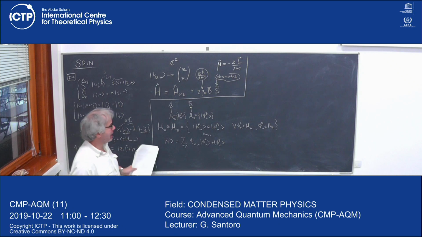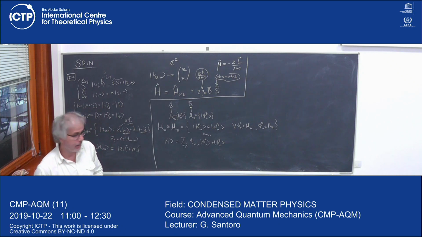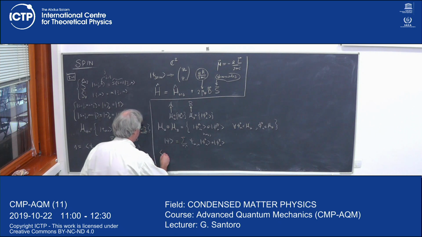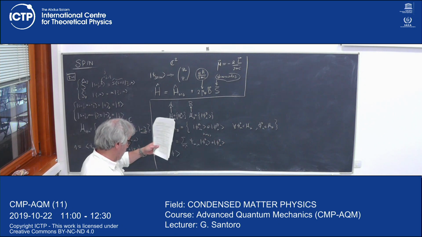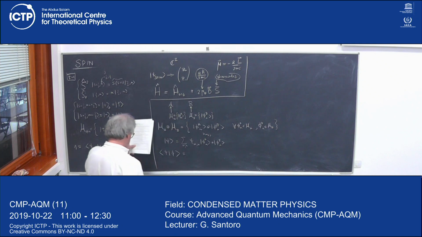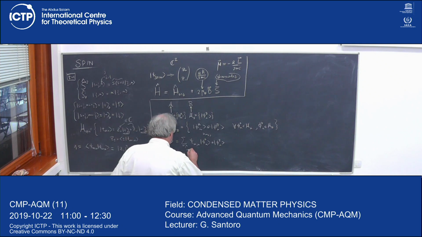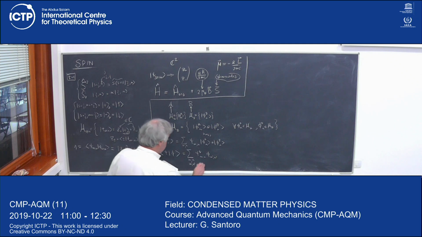How do I calculate a scalar product? I have to introduce a scalar product, right? So, the scalar product of two elements, say psi and phi, where phi is written also as a kind of general combination like that, is calculated in the following way. In principle, it would be a sum over m and n, m prime and n prime, of psi star mn, phi m prime n prime, or vice versa, whatever.